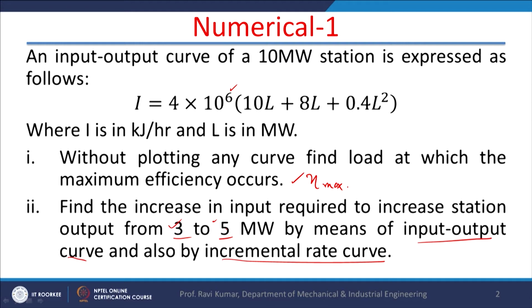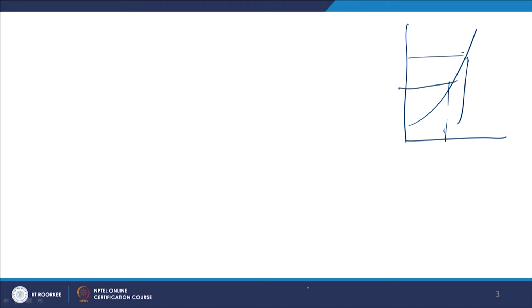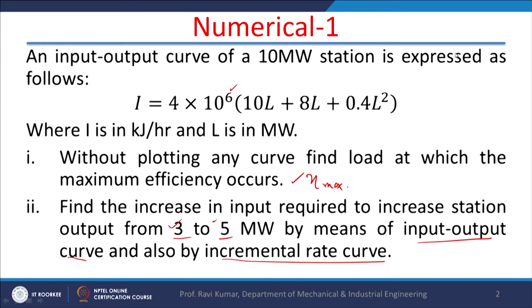The first is the input-output curve, where there is an output and an input axis, and with the help of this curve you can find out how much input is required. For the change in the output you can find the change in the input, but I do not have any input-output curve. The second is the incremental rate curve.